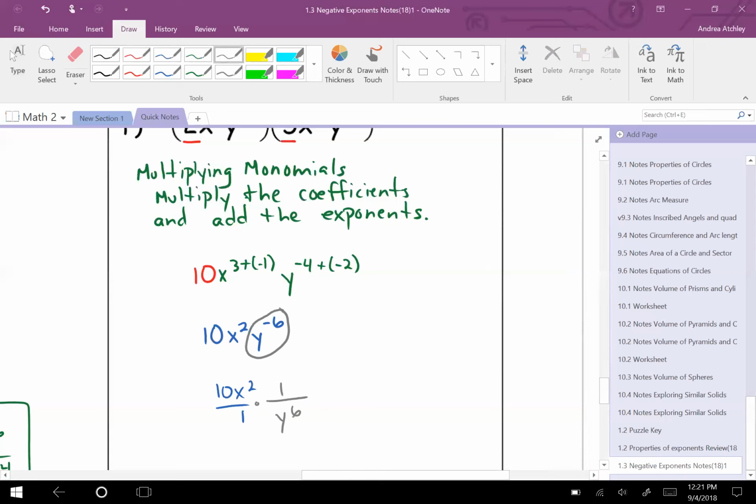Remember, you take the reciprocal and make the exponent positive. Then you're going to multiply straight across and get 10x squared over y to the 6th. Any questions over that?